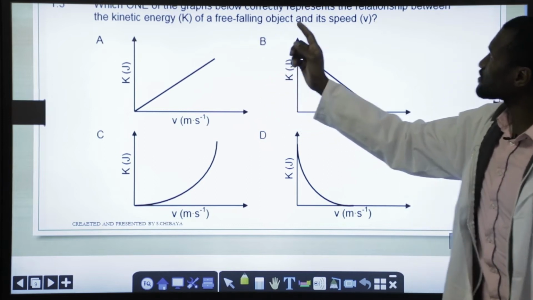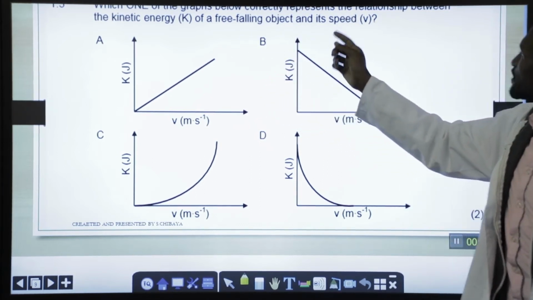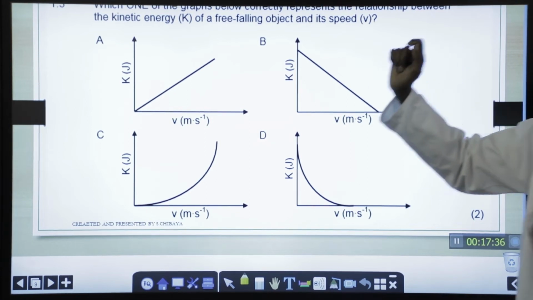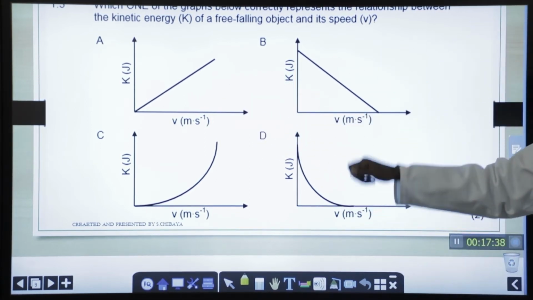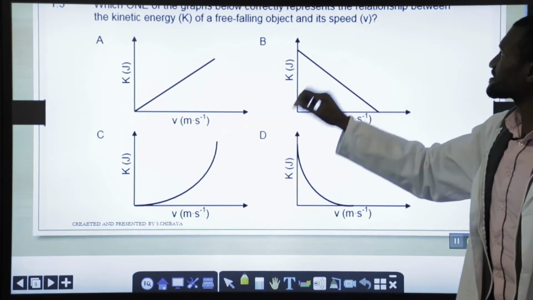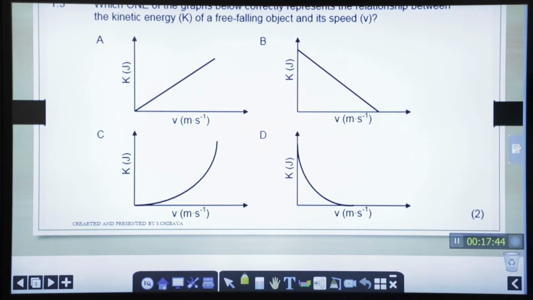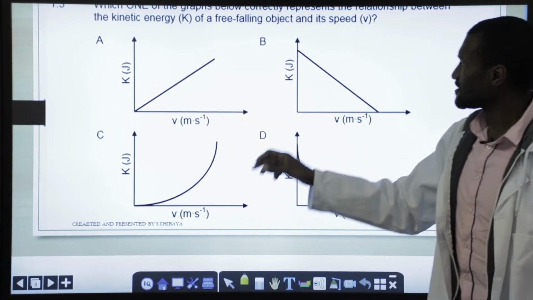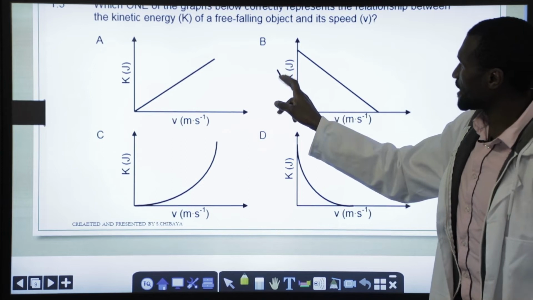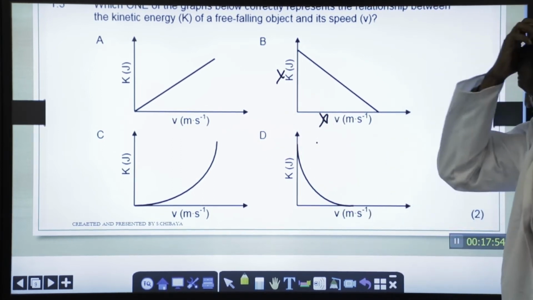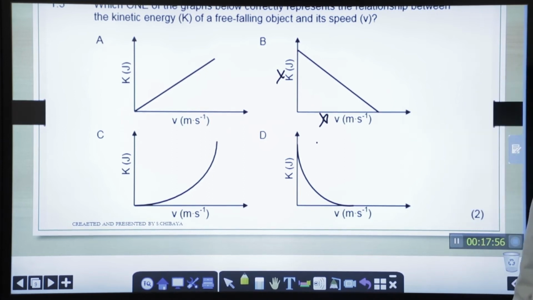Which one of the graphs below correctly represents the relationship between the kinetic energy of a falling body or falling object and its speed? The kinetic energy is on the y-axis and the velocity is on the x-axis. Let's look at our graphs.